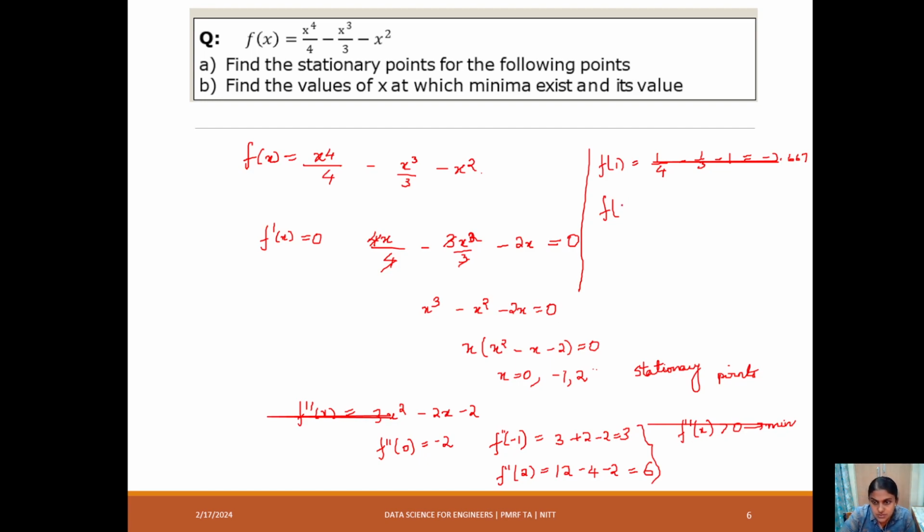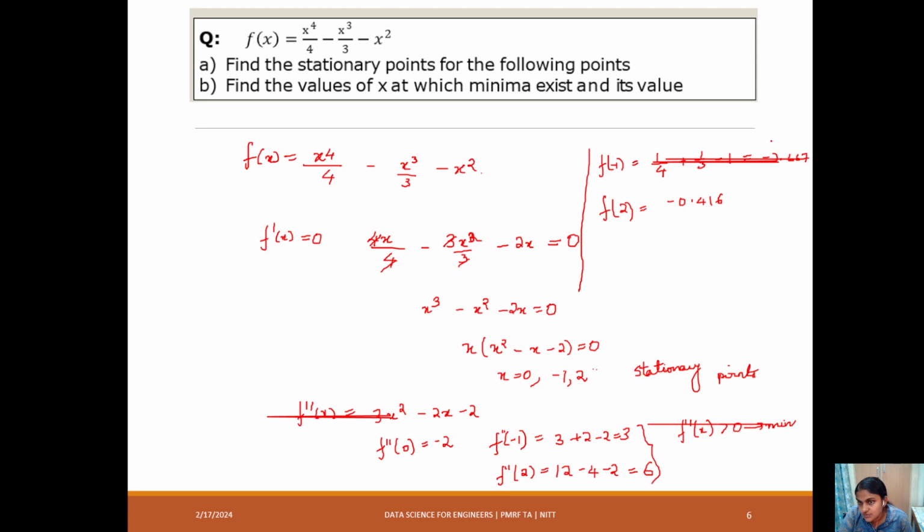Then the other one is f of minus 1, right? So it will come like 1 by 4 plus 1 by 3 minus 1. So f of 2 will come around minus 5 by 12, that is minus 0.416. Okay, sorry, I have made a mistake.